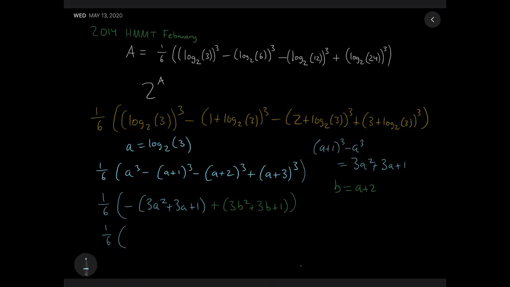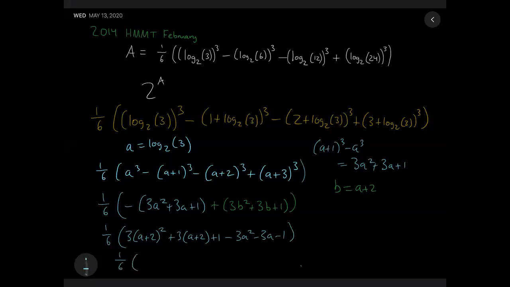So now let's plug everything back in. 3(a + 2)^2 plus 3(a + 2) plus 1 minus (3a^2 + 3a + 1). Bit messy, but it's H&MT. Pretty hard.